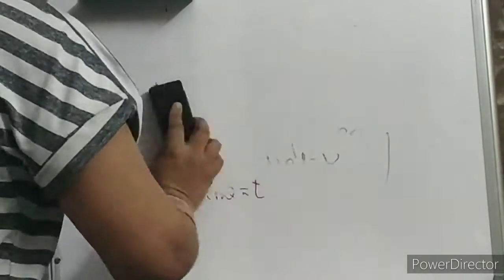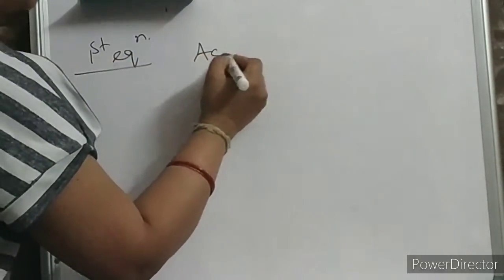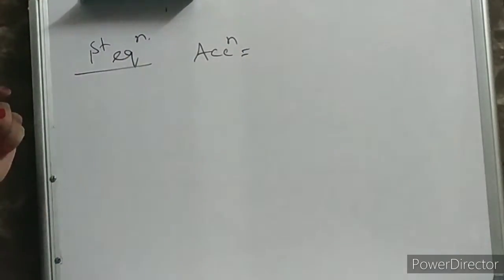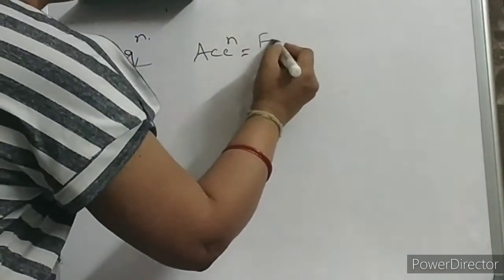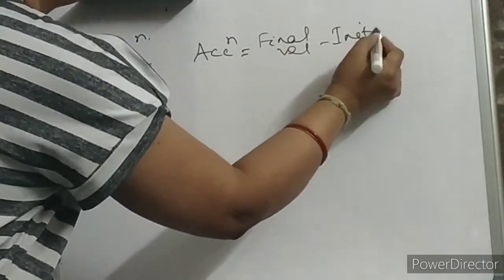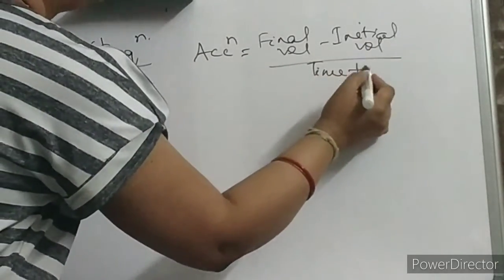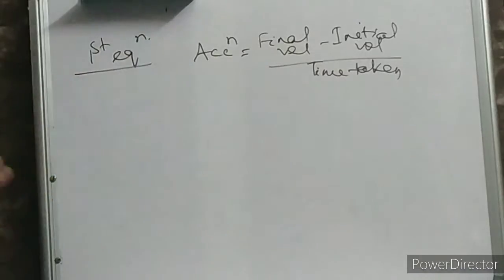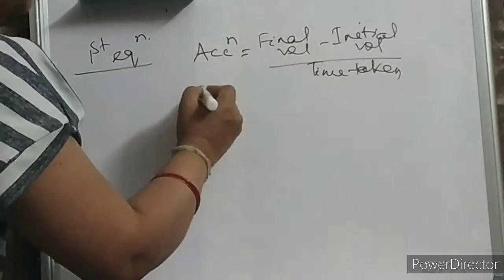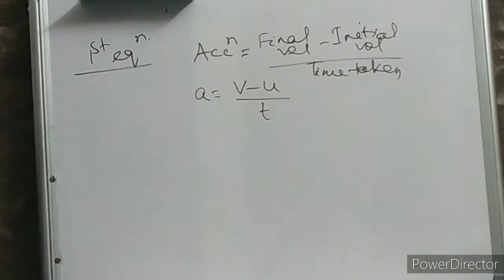First equation of motion, v = u + at. What is acceleration? Acceleration is the change in velocity divided by the time taken, that is, final velocity minus initial velocity divided by time taken. So a = (v - u)/t.